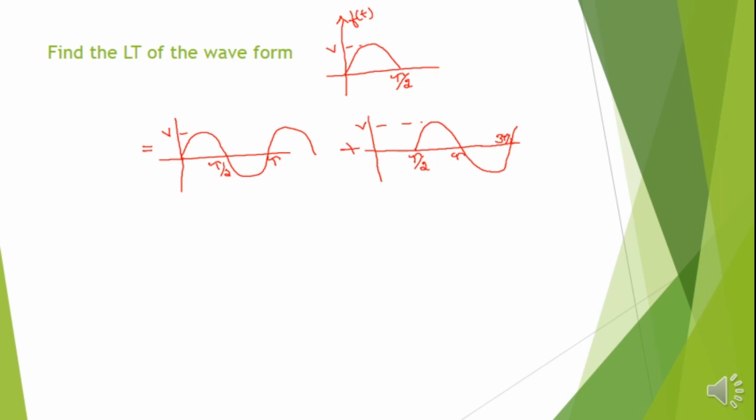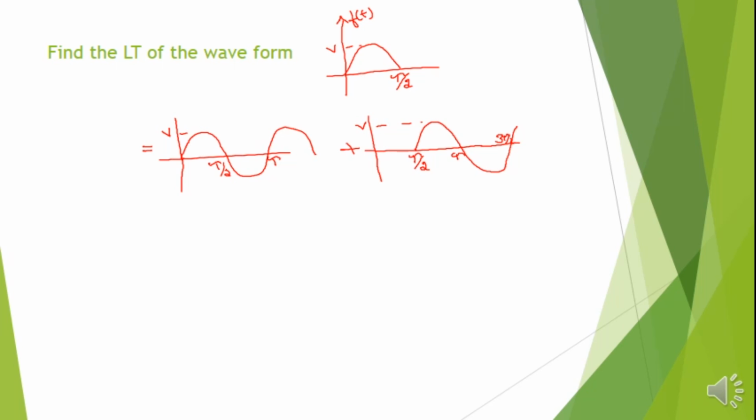If I add these two signals, what is the result? From 0 to tau by 2, it is a sine, then here it is 0, so the sum is the same. After that, from tau by 2 to tau, this is a negative sine wave, this is a positive sine wave, so they cancel and become 0. From tau to 3 tau by 2, this is negative, this is positive, so it is 0.